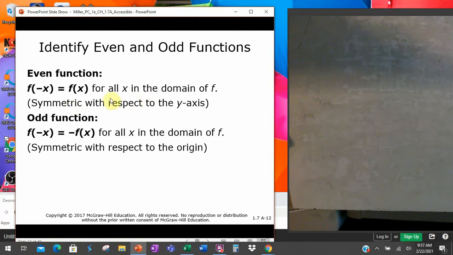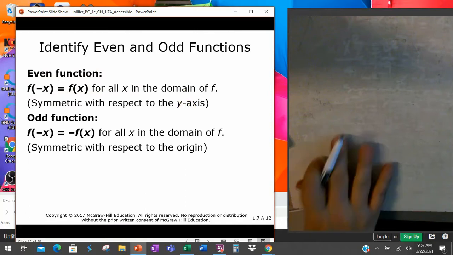I'm going to do a symmetry test with respect to the y-axis, using this functional notation. If I take a negative x, starting with f of x, everywhere I see this x in my rule, I replace it with negative x. And if these two output values, the y's, are the same, then it's symmetric with respect to the y-axis.